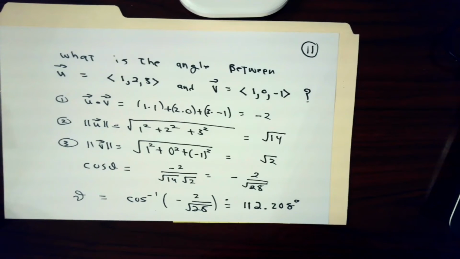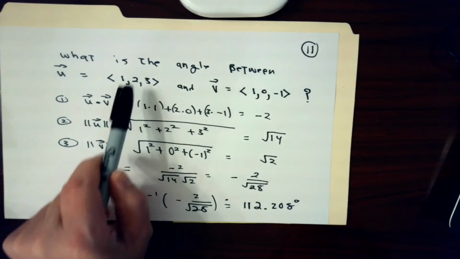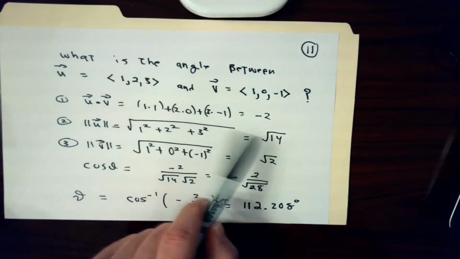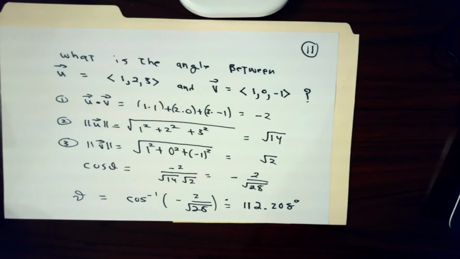Firstly, the dot product of u and v is 1 times 1 plus 2 times 0 plus 3 times negative 1, which works out to be negative 2.